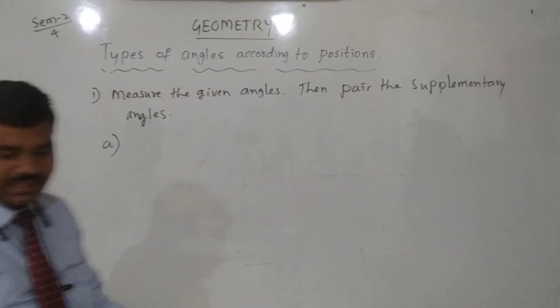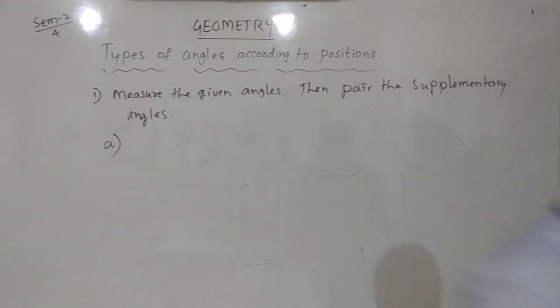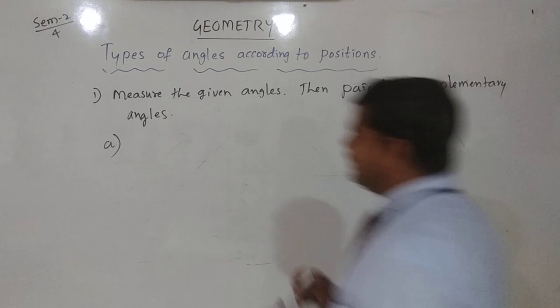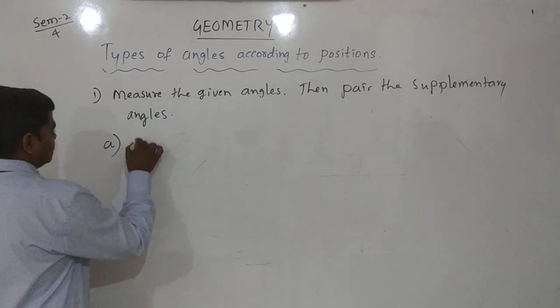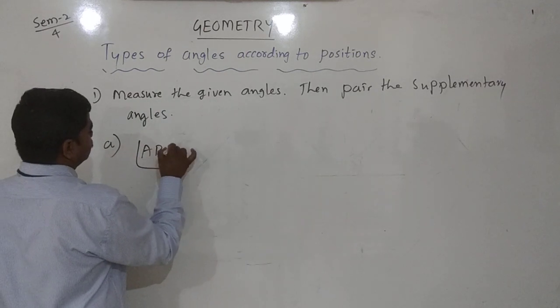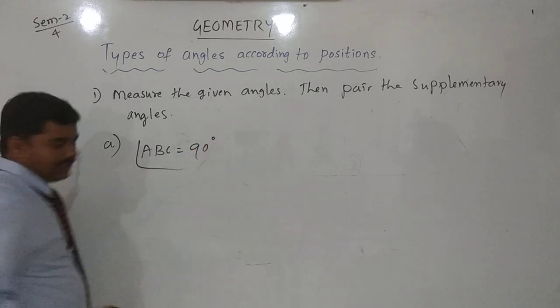Measure the given angles. First, ABC, how many degrees? Correct. Angle ABC is 90 degrees. Right, ABC is equal to 90 degrees.